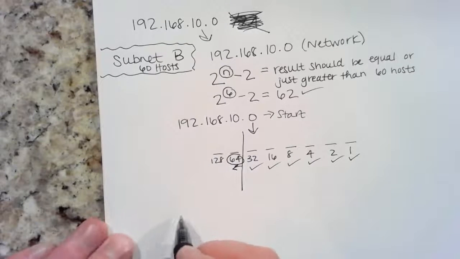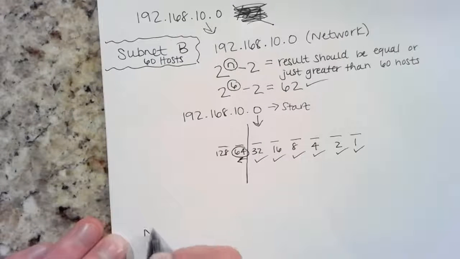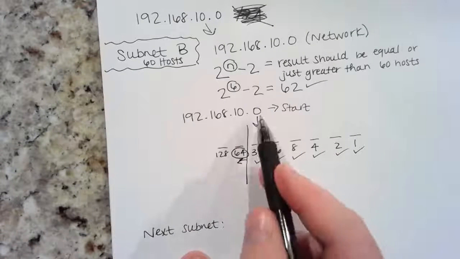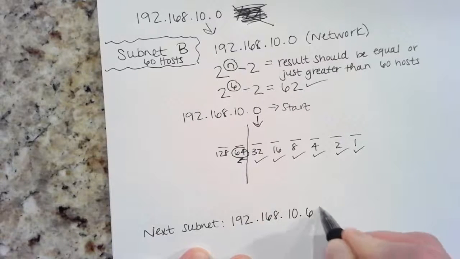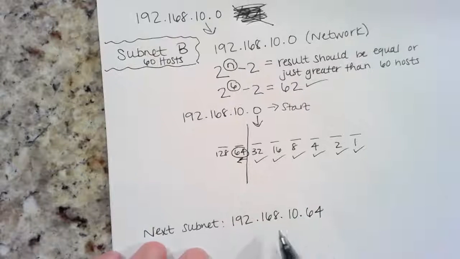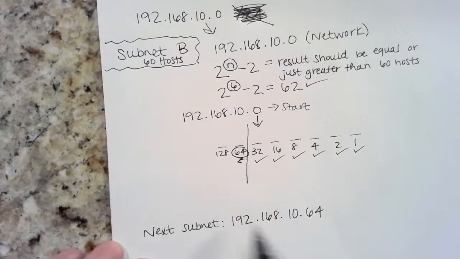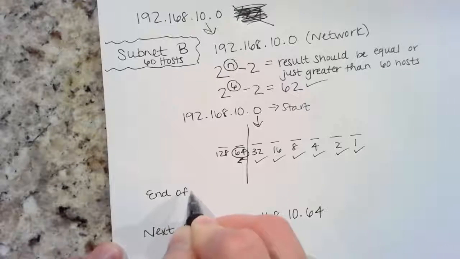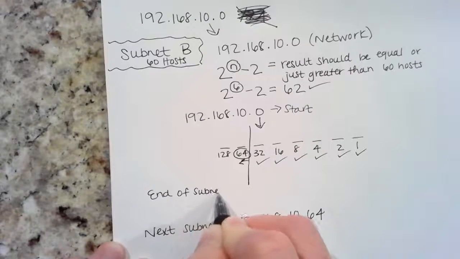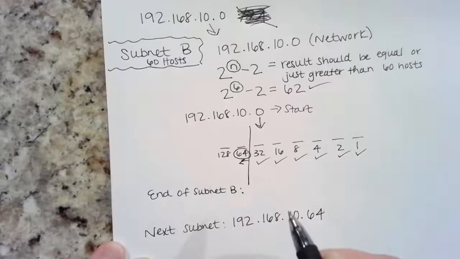The start of the next subnet, and I'm just going to make a note, next subnet, because we're incrementing by 64 in this last octet, is going to be 192.168.10.64. That will actually be the start of the next subnet, which would be A, because that's the next one we're doing. We want to find out where's the end of subnet B?